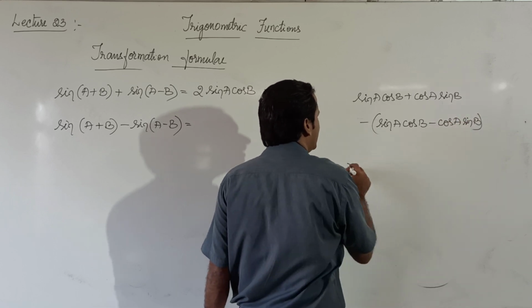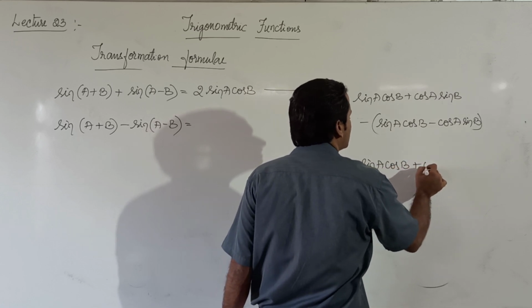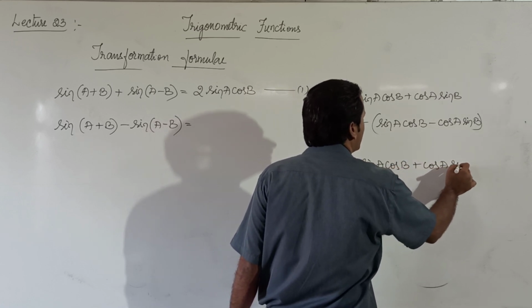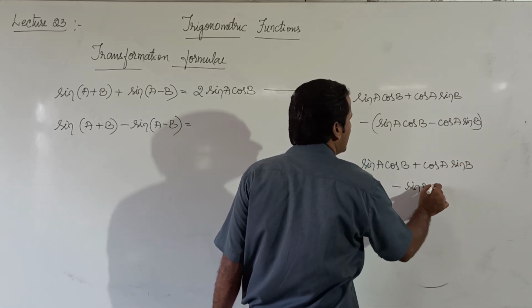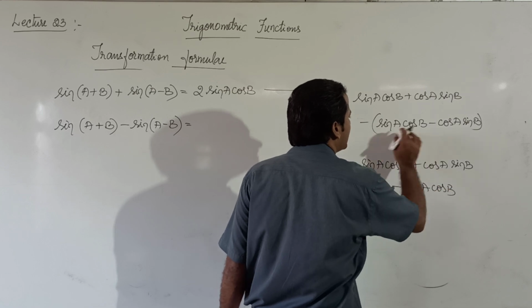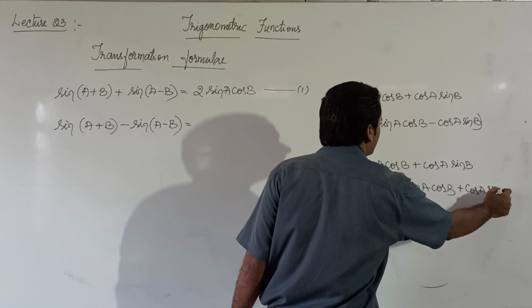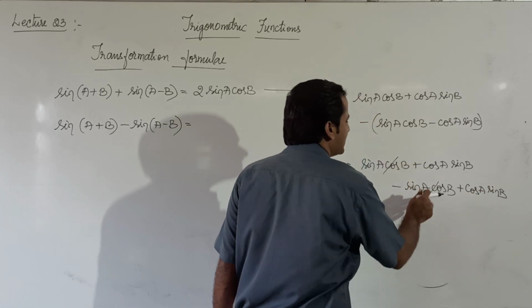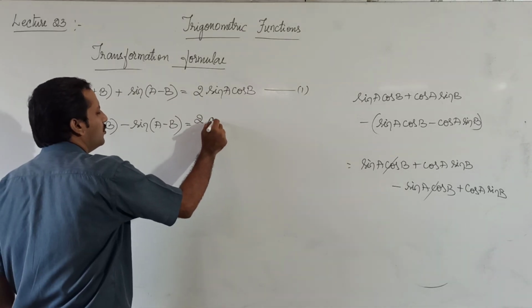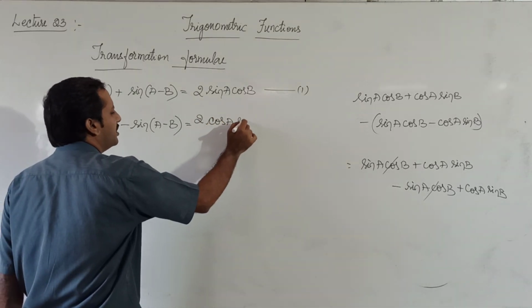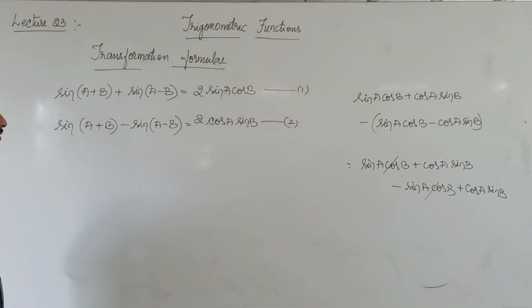That is equal to sin a cos b plus cos a sin b, then minus sin a cos b. This will be minus into minus, that is plus cos a sin b. So the sin a cos b gets cancelled. cos a sin b plus cos a sin b will give you 2 cos a sin b. I will take this as equation 2.